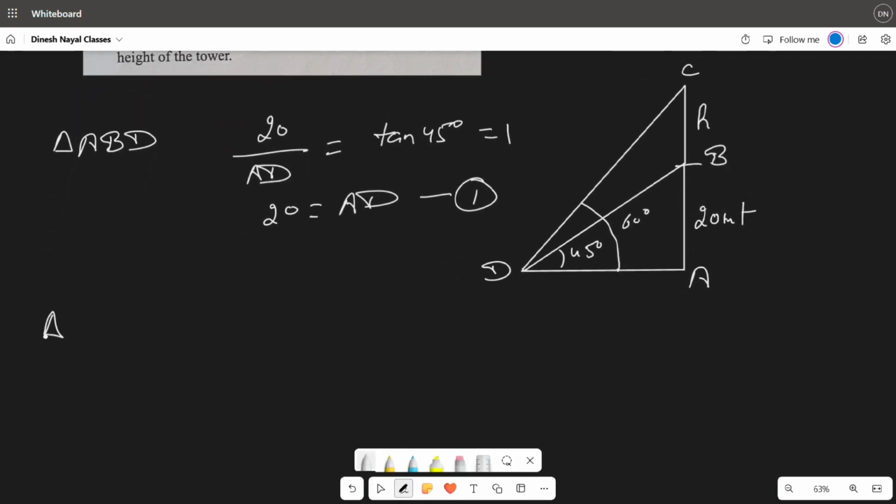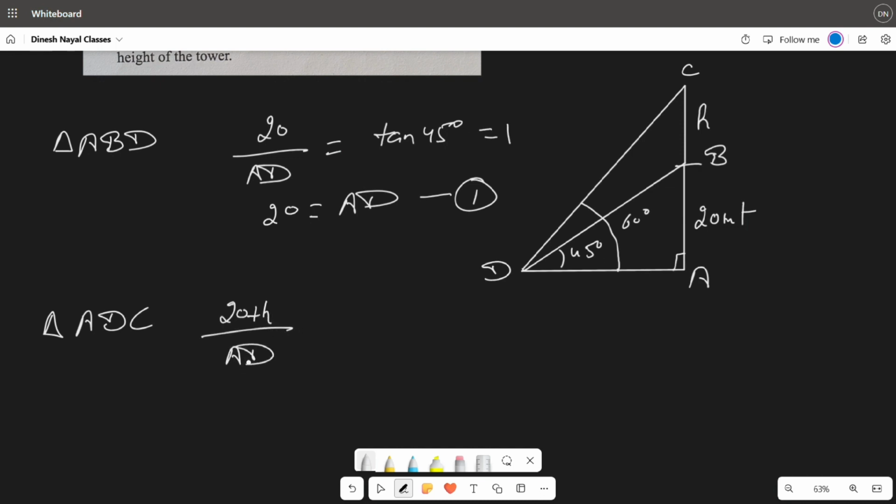Okay, now we'll take the triangle ADC. Now the bigger triangle ADC, as you know that this is 90 degree, this is 60 degree. So this AC will be the perpendicular, and again AD will be the base. So perpendicular by base is again tan. So perpendicular is AC, that is 20 plus H, upon AD, which is the base.